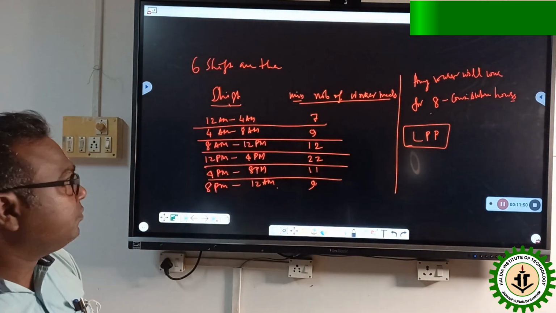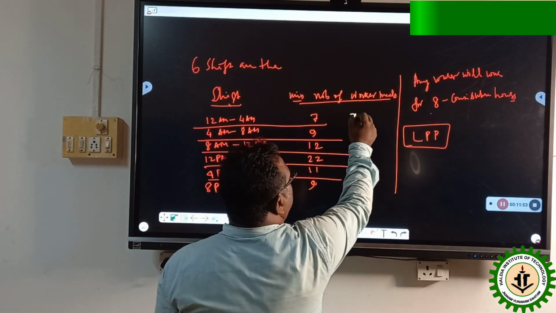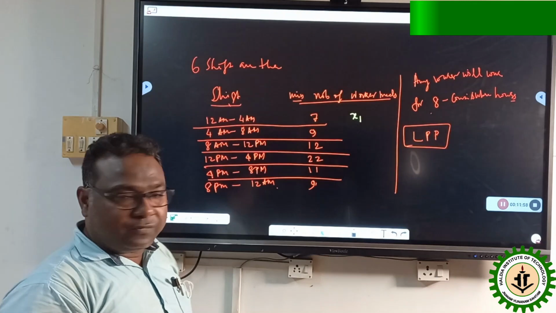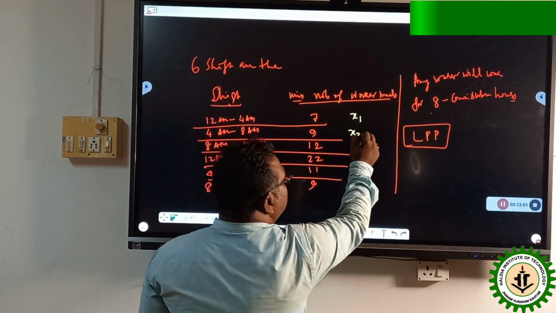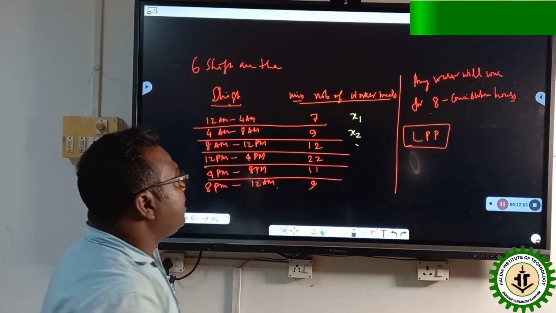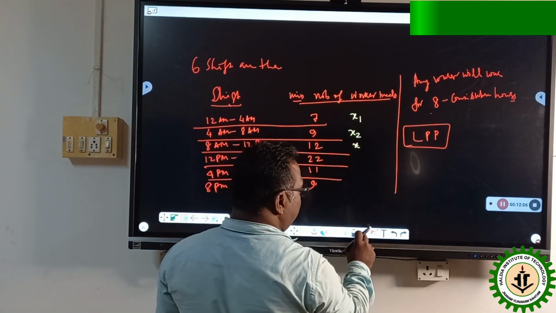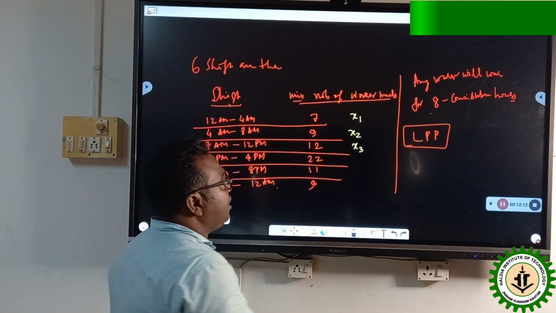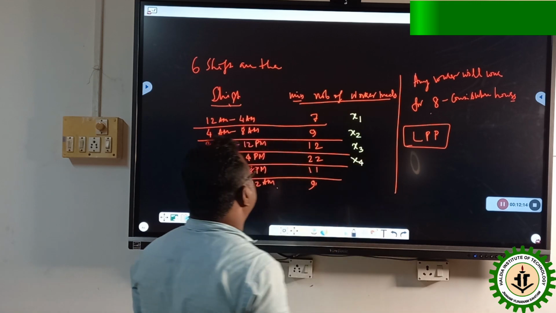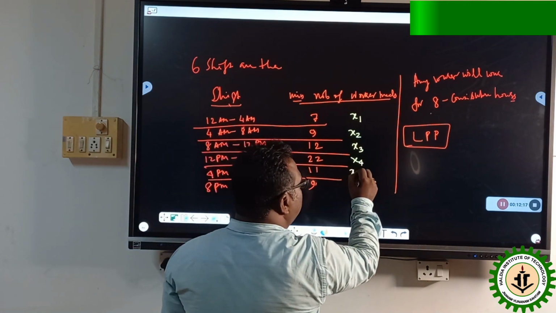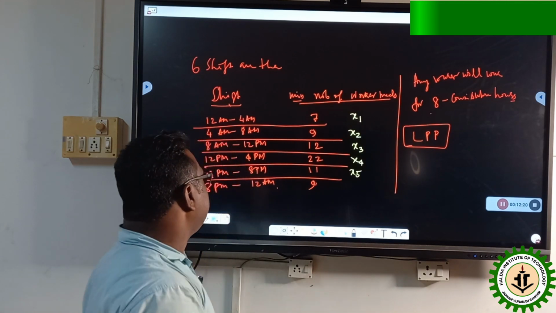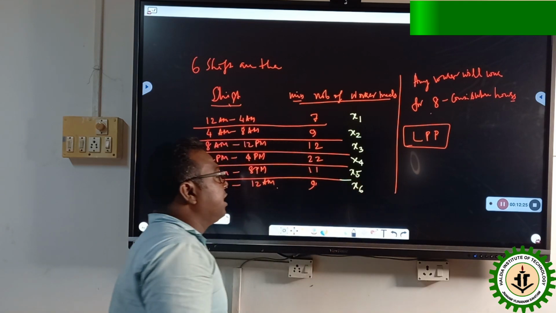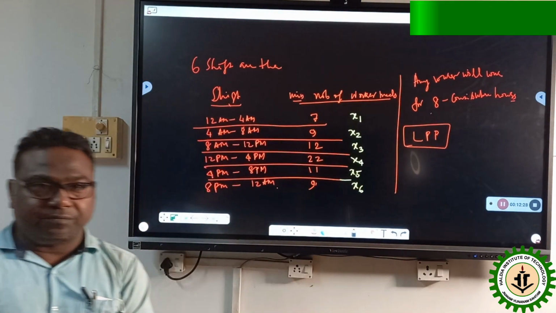Let us assume that x1 workers enter the first shift, x2 workers enter the second shift, x3 workers enter the third shift, x4 workers enter the fourth shift, x5 workers enter the fifth one, and x6 workers enter the last shift.